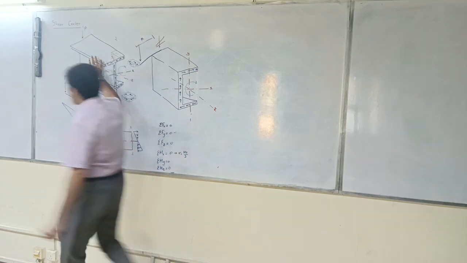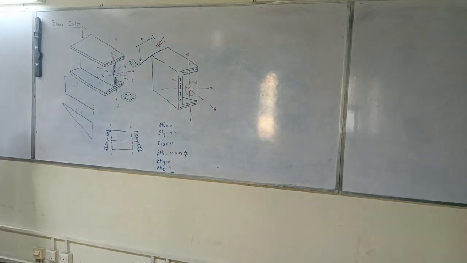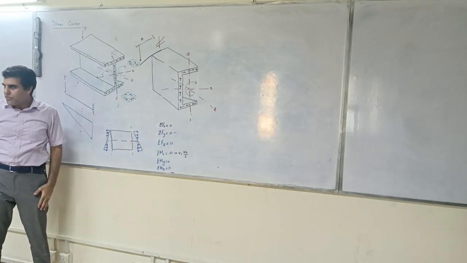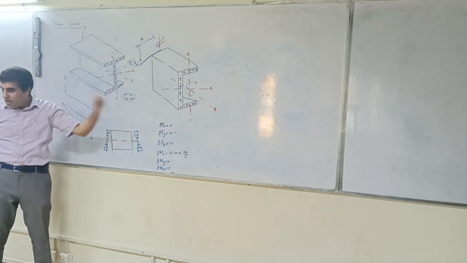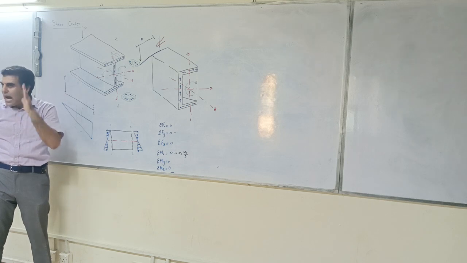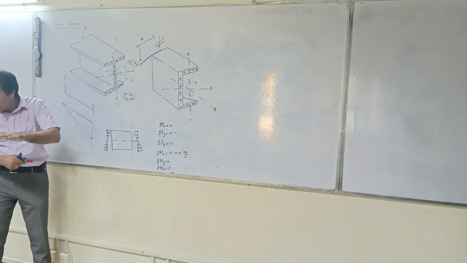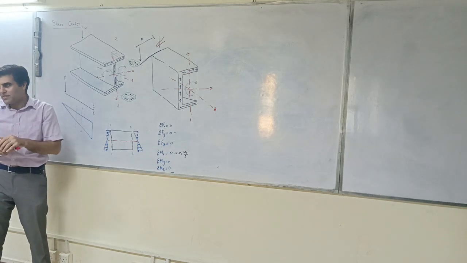Now this one is symmetrical in both directions, so you don't have any problem of shear center, and you can very easily put the load along the y-axis. If you have unsymmetry in both the directions, then you have unsymmetrical bending. Okay, so it will again twist, but that is because of unsymmetrical bending.